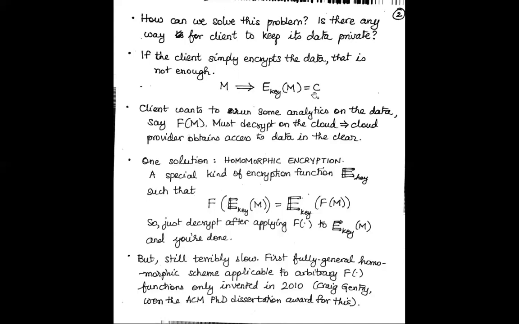You cannot apply it on the ciphertext. You only have to apply it on the plaintext. So in order to do that, even if you did have your data in encrypted form, you have to decrypt the data. And the minute you decrypt the data, the cloud provider obtains access to the data in the clear, right? So, you might say, look, there's a solution to this.